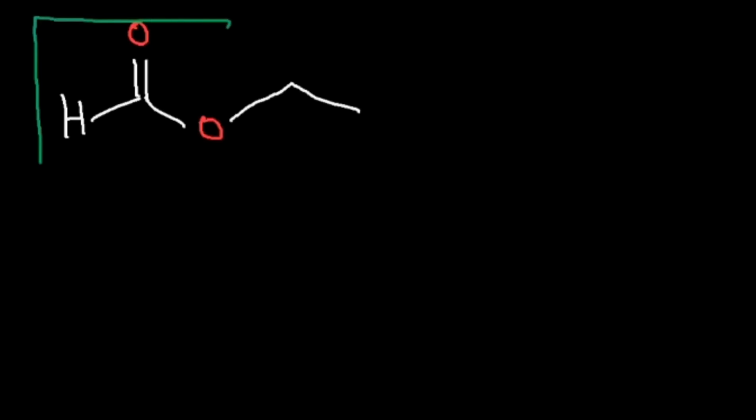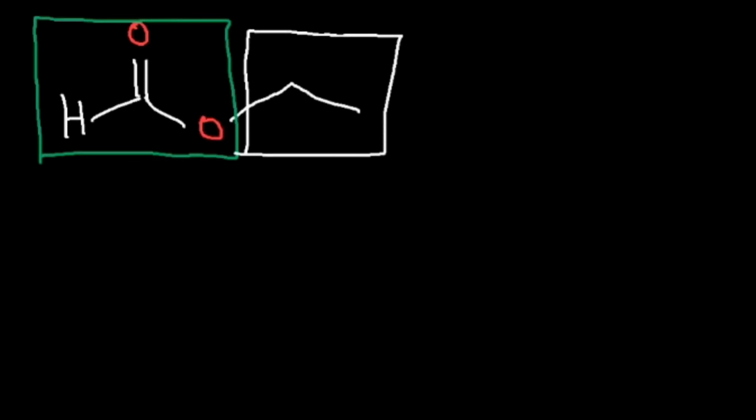This is the part that has both oxygens, and here is the other part. The part that doesn't have both oxygens has 2 carbons, so we're going to name that first. 2 is associated with ethane, but we're going to replace ANE with the suffix YL. So instead of saying ethane, we're going to say ethyl.